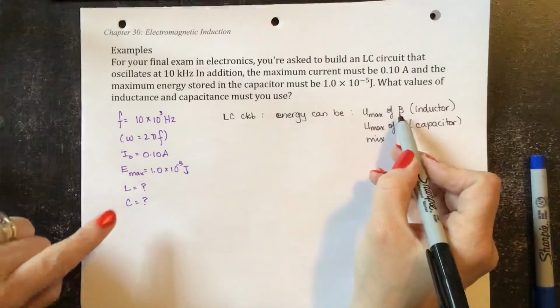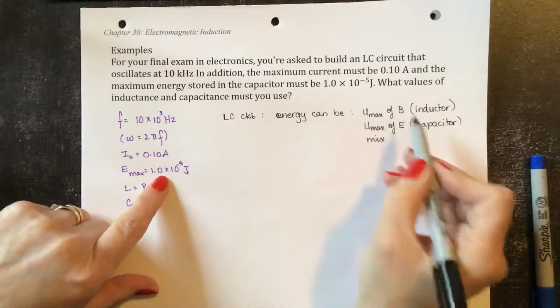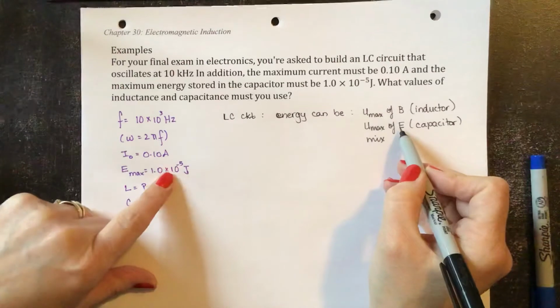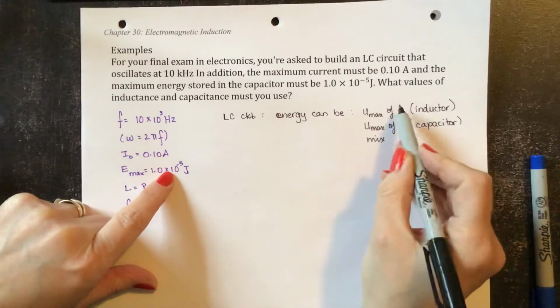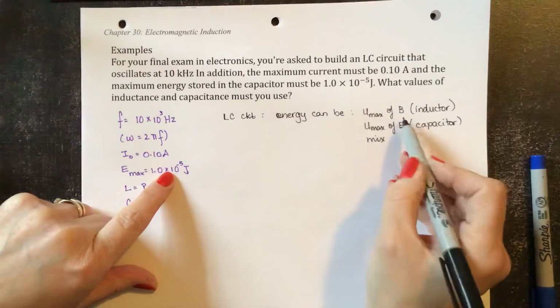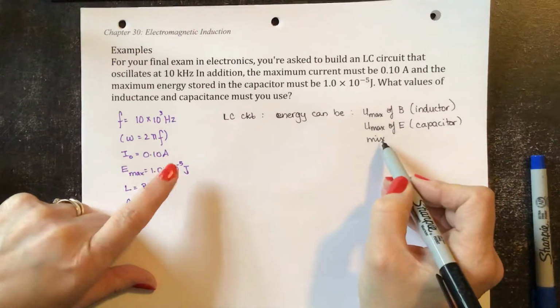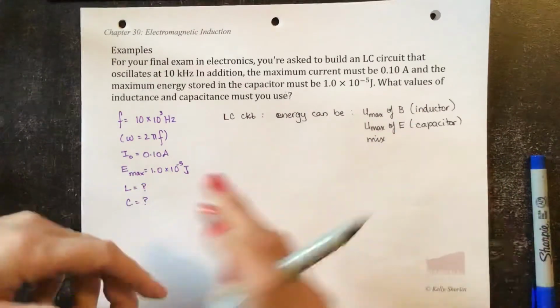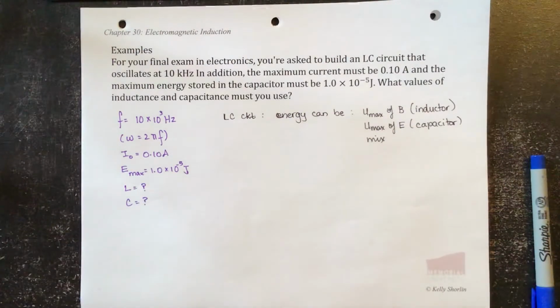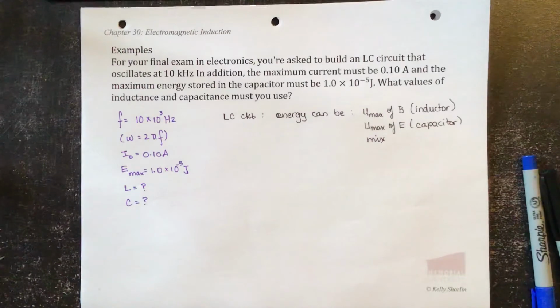The maximum energy of the inductor would be this value, the maximum energy of the capacitor is this value, and if the energy was split between them, then the sum of those two energies, the mix, would give us this value because energy is conserved. This is just like the energy of a spring. Sometimes it's all in kinetic, sometimes it's all in potential, and sometimes it's in both.